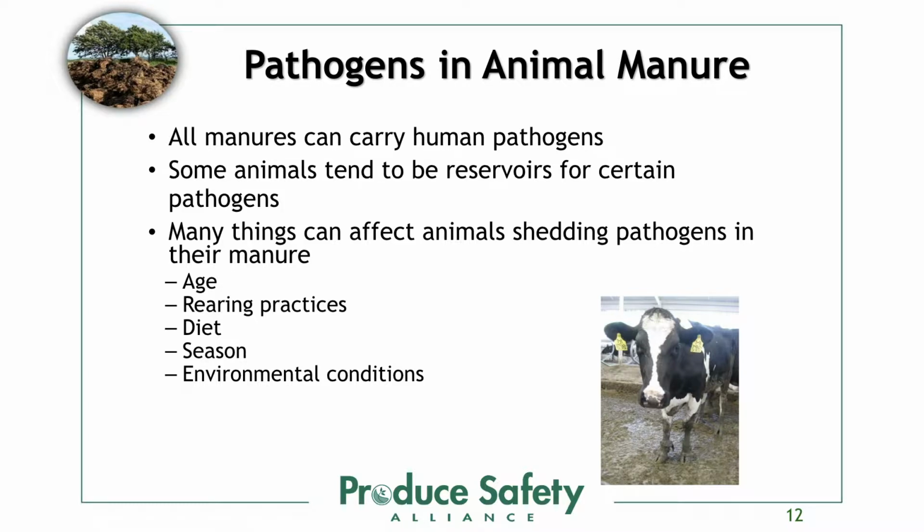Diet: a lot of attention has been paid to grass-fed versus pasture-raised cattle specifically. What I'll say is that the literature is not clear on whether there is a difference in shedding as far as diet goes. Initially, one of the sentinel studies showed a difference, and people haven't been able to replicate that.